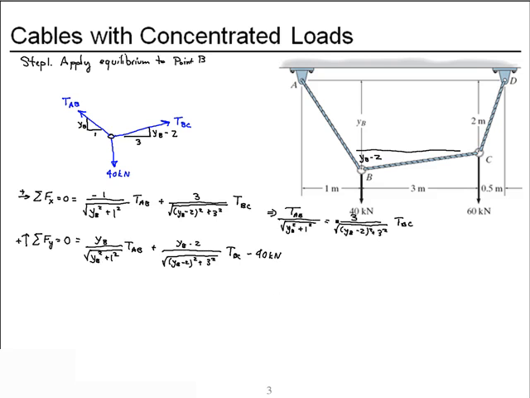Well, if we take this and take a look, we'll see it right here multiplied by YB. So I want to substitute this for this part, and it'll give me 3YB over YB minus 2 squared plus 3 squared times tension in segment BC, plus YB minus 2 over the square root of YB minus 2 squared plus 3 squared.